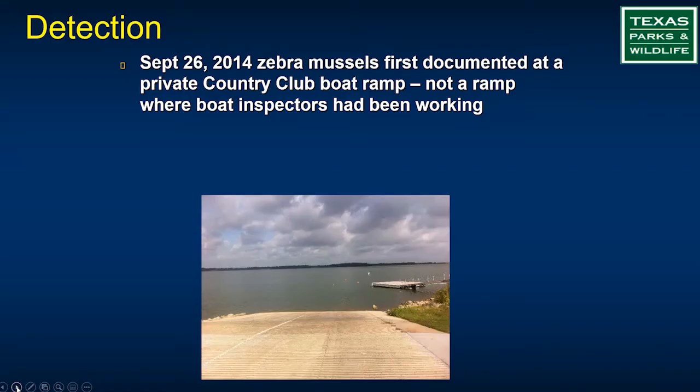So on to our specific Lake Waco example. On September 26, 2014, the mussels were first documented at a boat ramp on Lake Waco, and it just happened to be the Country Club boat ramp. As it turns out, a barge had come in to do some repairs, and they had zebra mussels on them.